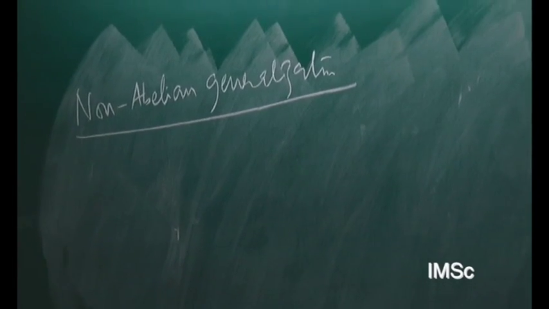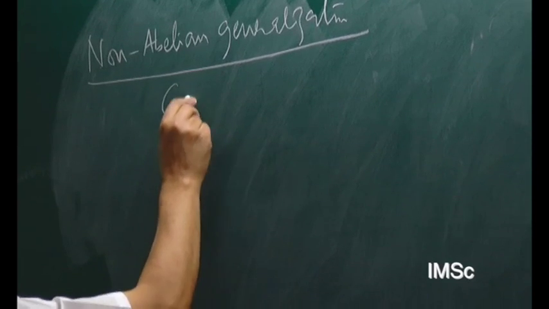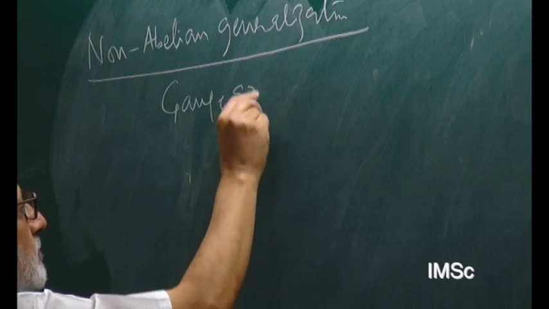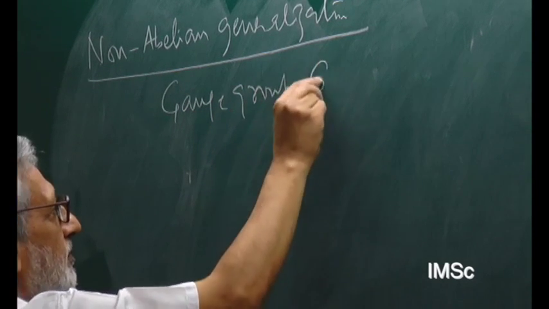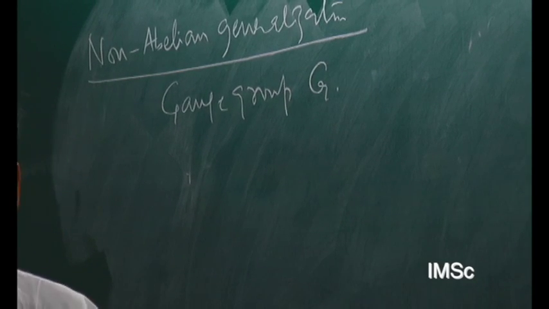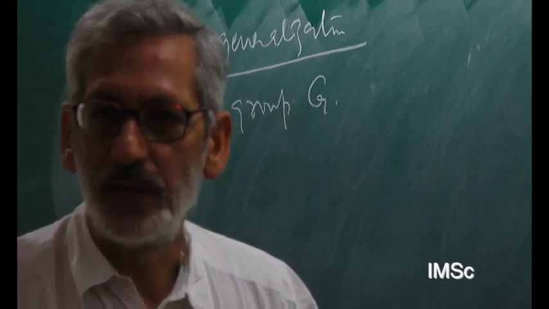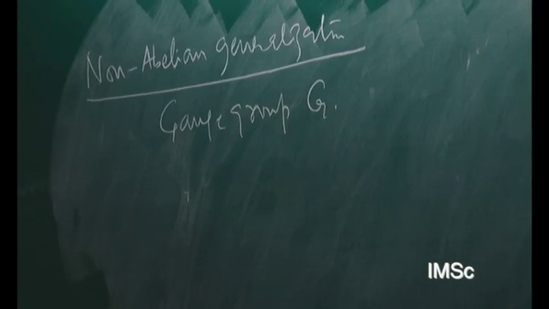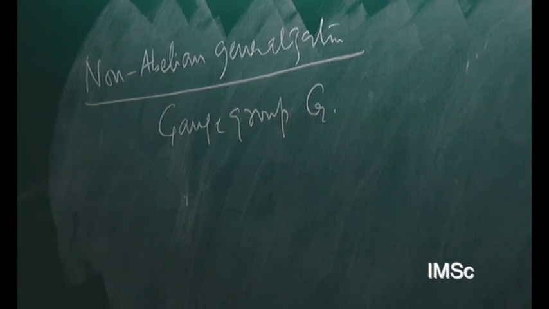So think of a gauge group, some gauge group G. It could be SU(2) of electroweak theory, it could be SU(3) of QCD, or any other gauge group that you want.